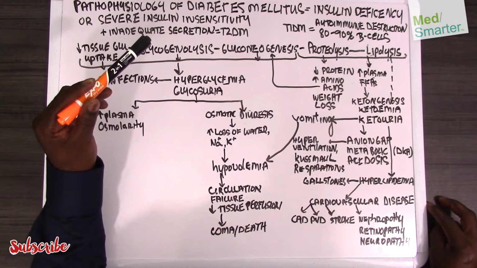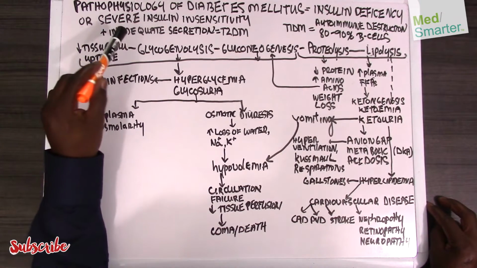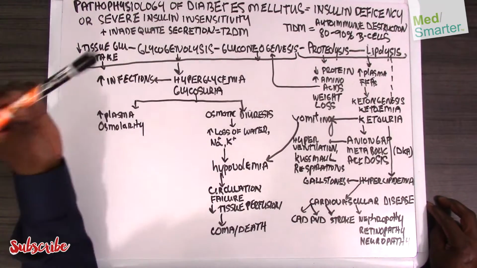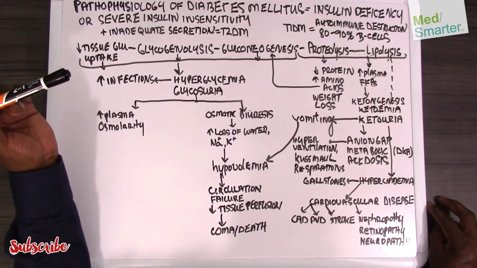In addition to having insulin resistance, they also need inadequate insulin secretion from the beta cells.